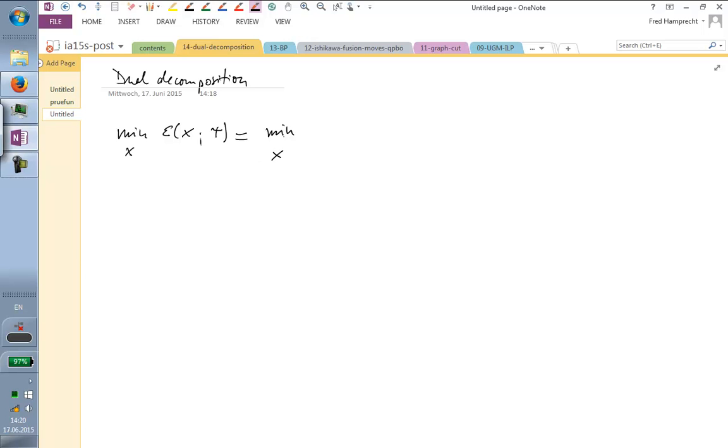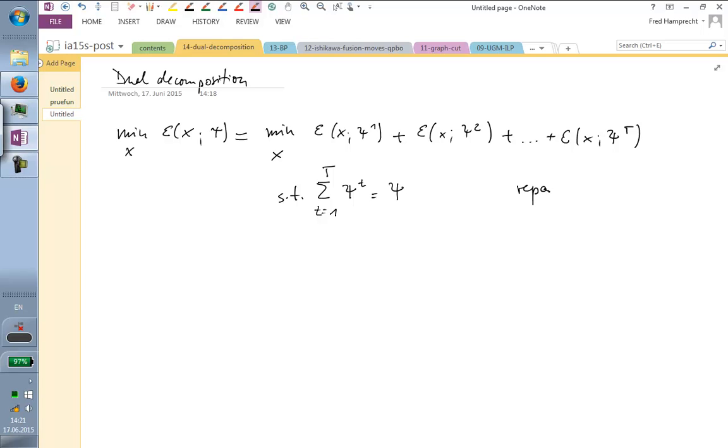I can rewrite this as minimizing an energy function depending on potentials psi1 plus an energy function depending on potentials psi2 and so on, provided that these potentials sum up to the potentials of the original problem. And this whole thing is a reparametrization.